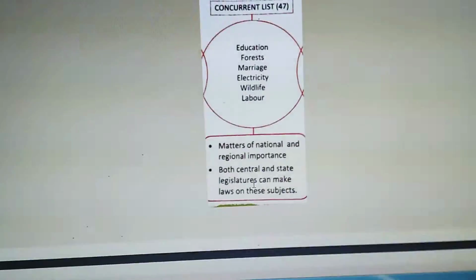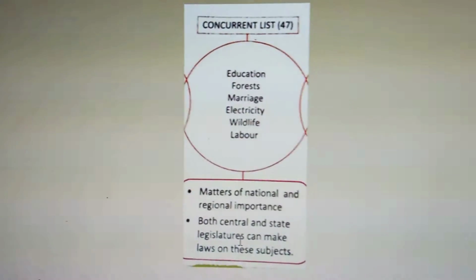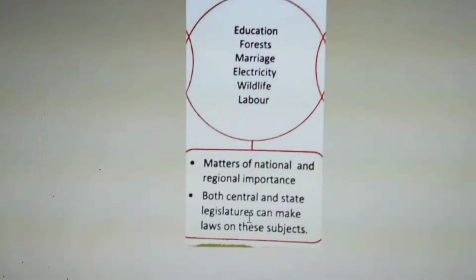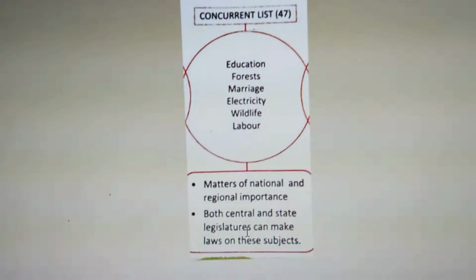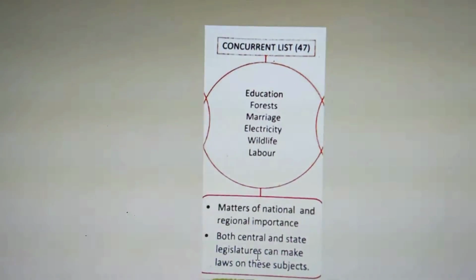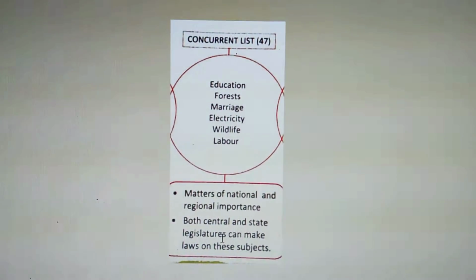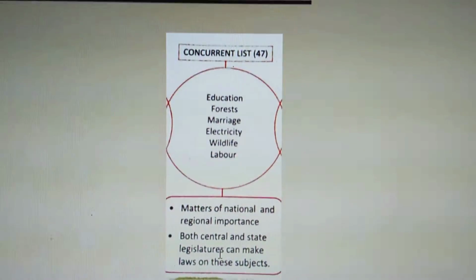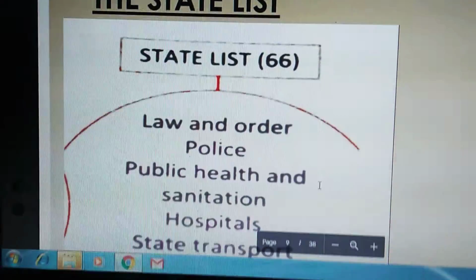Concurrent actually means that both the central and the state legislature can make their laws on these subjects. Not only one, but the state and the union or central government can both make laws for this list. Then we finally have the third list, and that is the state list, children.